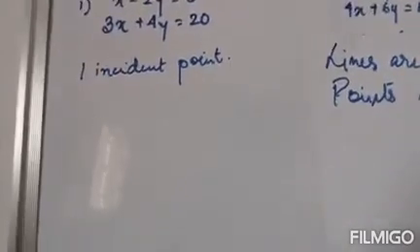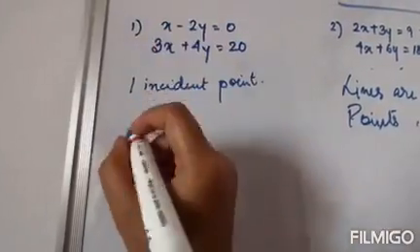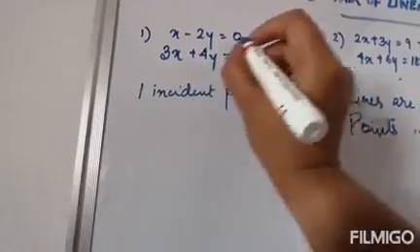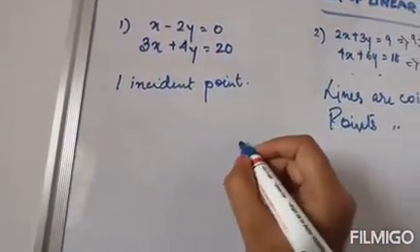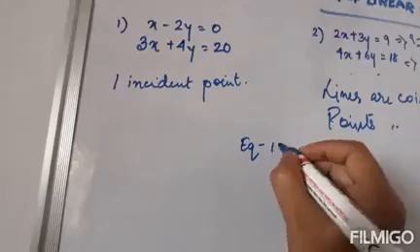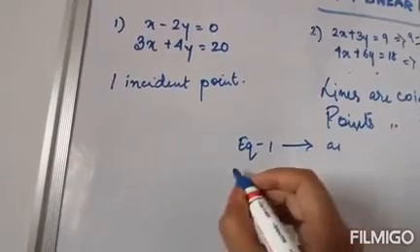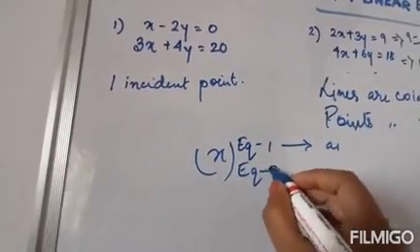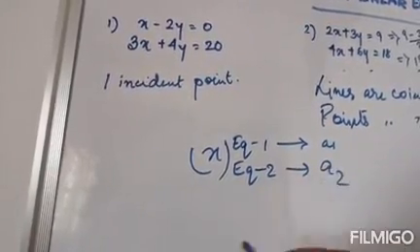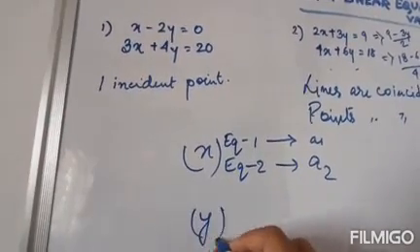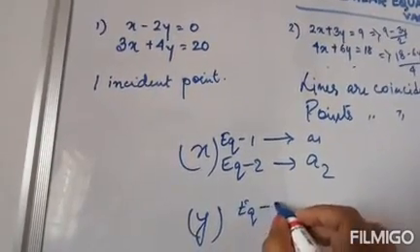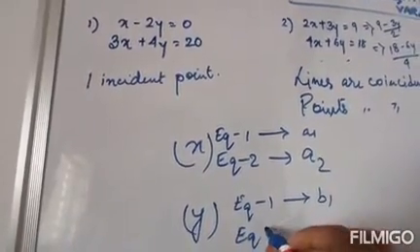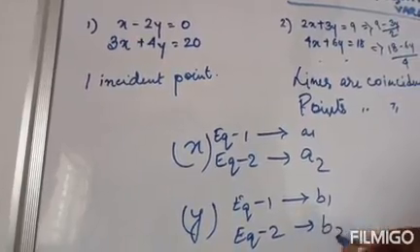Now from here let us observe the coefficients. Let us consider the coefficients of the first equation. Equation 1 will always be a1 and equation 2 will always be a2; this is for x. Similarly for y, the equation 1 coefficient will be b1 and the equation 2 coefficient will be b2.